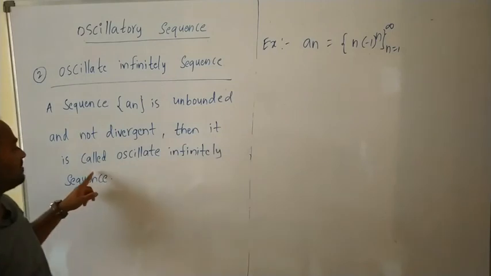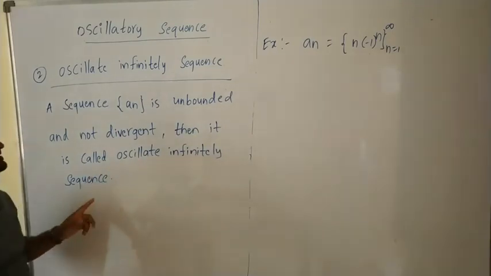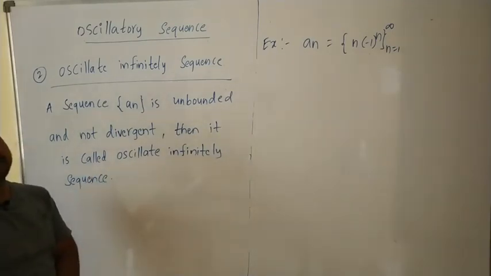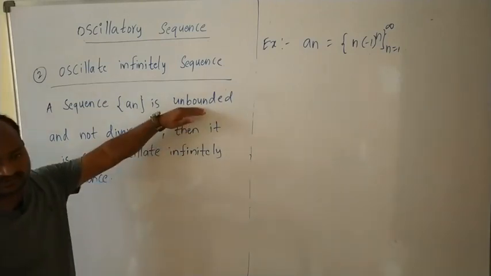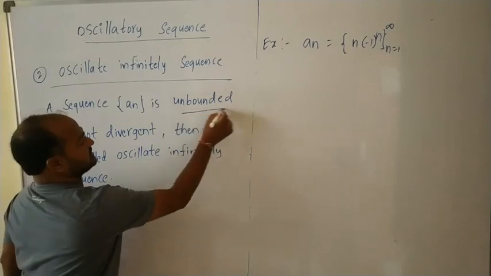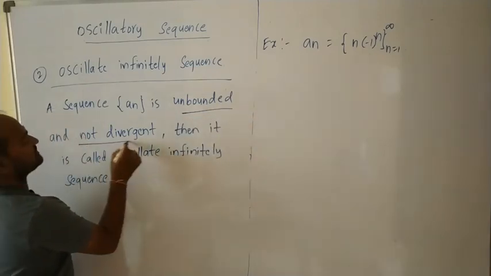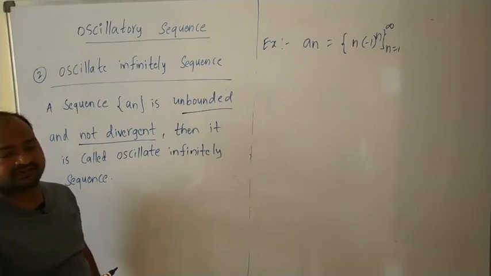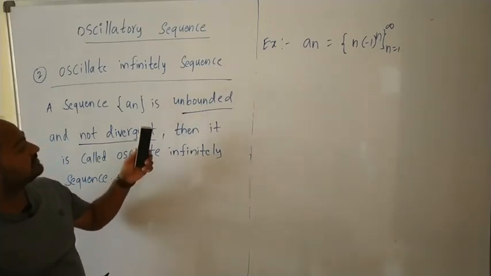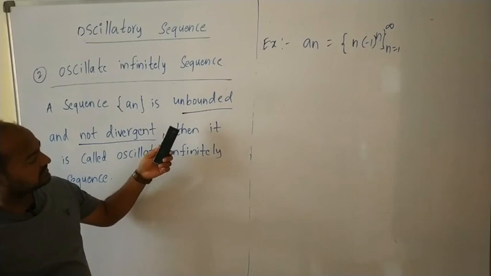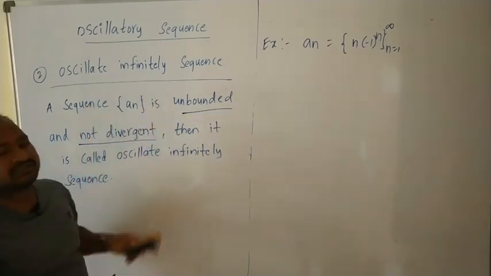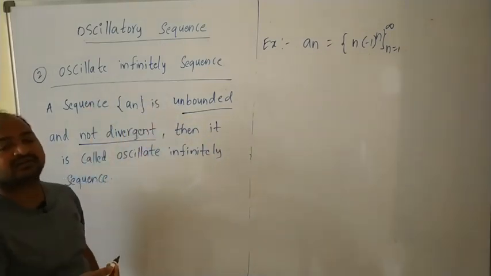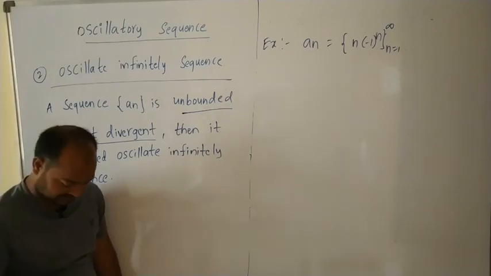That means an unbounded sequence which is not divergent is called an oscillating infinitely sequence.